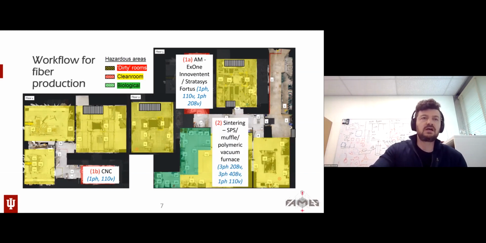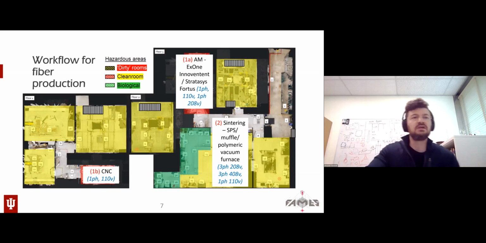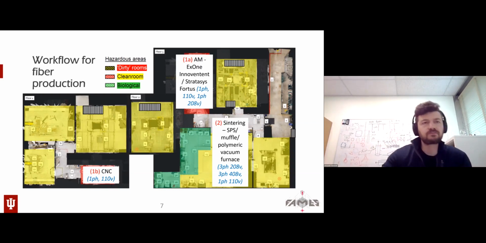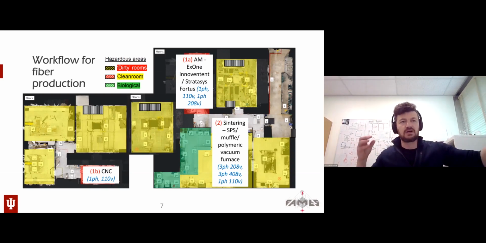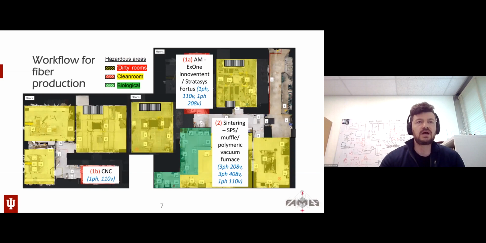Then we take that most internal part, carefully structured for the functionality of the device, to encapsulate or sinter in a larger rod that would be used as a preform for the fiber. We have for glasses, first, after binder jetting, we need to sinter. So we use for that a hot press or muffle furnace, those also 3-phase 208, 3-phase 408.